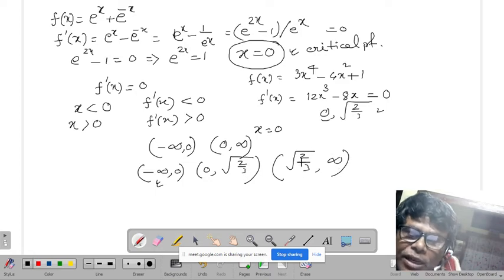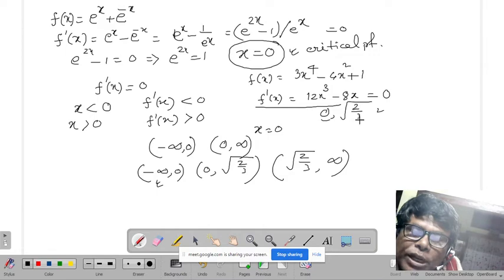For this region you find out whether it is increasing or decreasing. From this relationship, by making it equal to 0 you are getting the critical points. There are two critical points. So two critical points make this three complete regions for the real line.